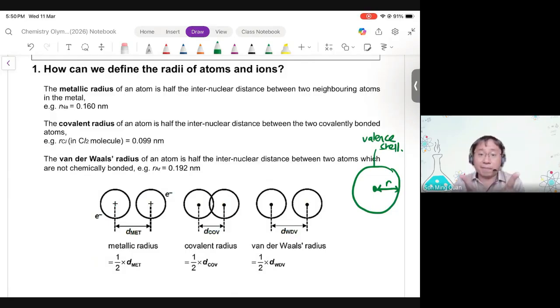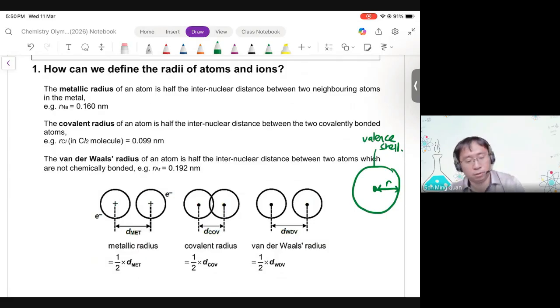Which is to say, if an atom has more and more shells, the radius should become larger. Now, that is the most simplistic form of thinking about atomic and ionic radius, from the nucleus to wherever the valence shell is. But we may need to be more sophisticated.